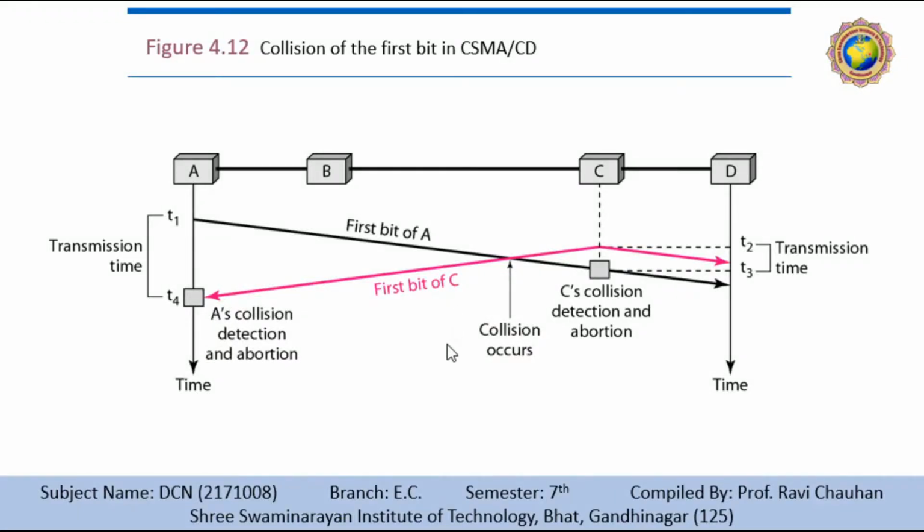Looking at the figure, we see that A transmits for the duration t4 minus t1, and C transmits for the duration t3 minus t2. Later we will see that for the protocol to work, the length of any frame divided by the bit rate must be more than either of these durations.